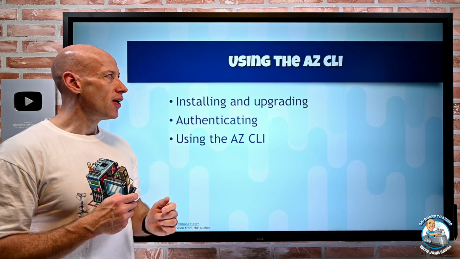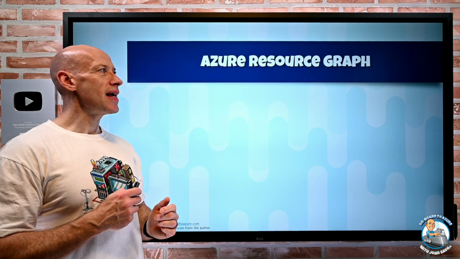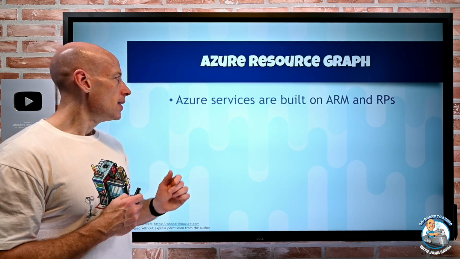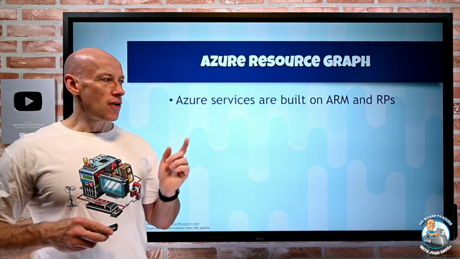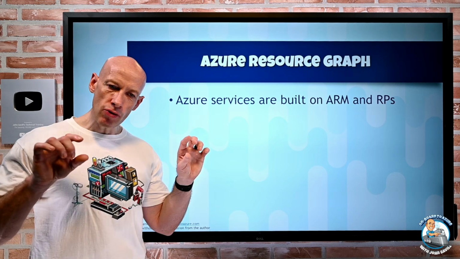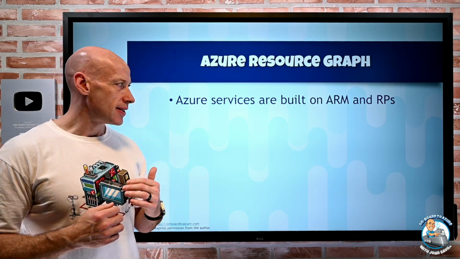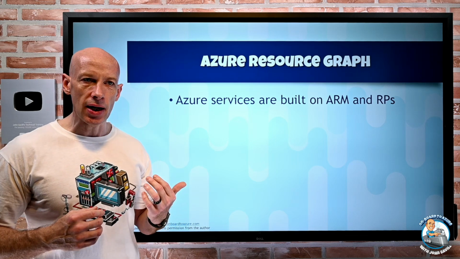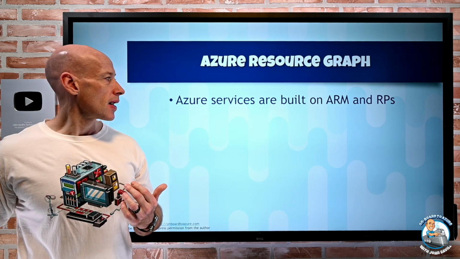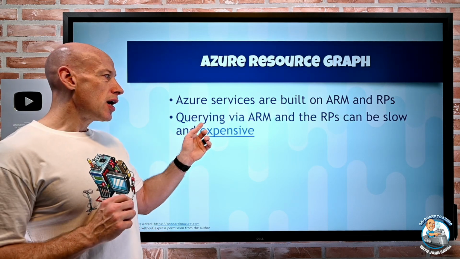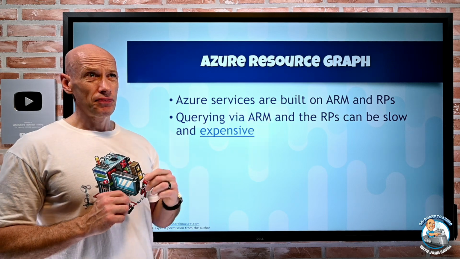And before we go any further, I wanted to talk about the Azure Resource Graph. Because Azure services, well, we have that Azure Resource Manager control plane, and then there's actually resource providers. Now, everything in Azure is built on top of this. Now, we can query via the Azure Resource Manager.